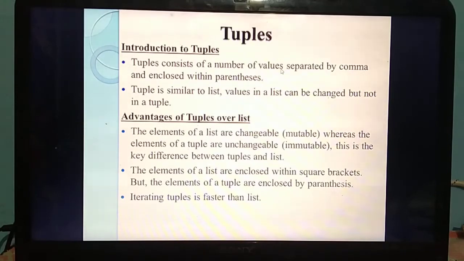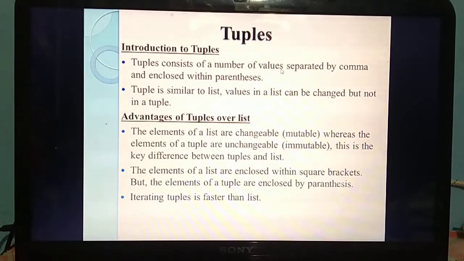In the last chapter we studied strings. In strings also you can't change the values, though you can delete or modify the whole string. In a list you can change the values, but in tuples you can't. Once you define the values inside the tuple, you can't change them. Understand what I mean by tuple?